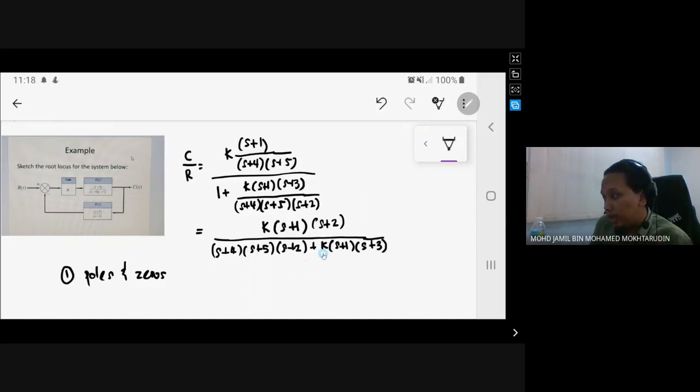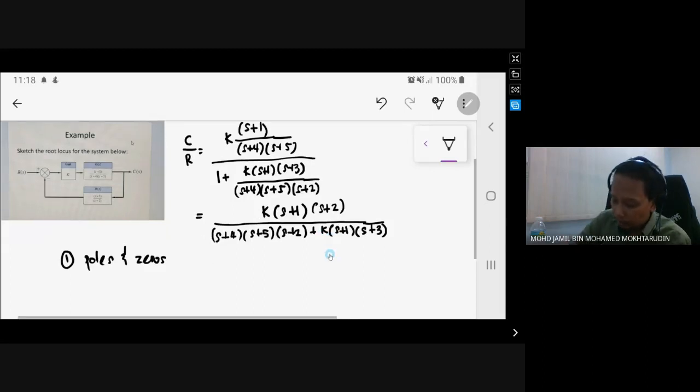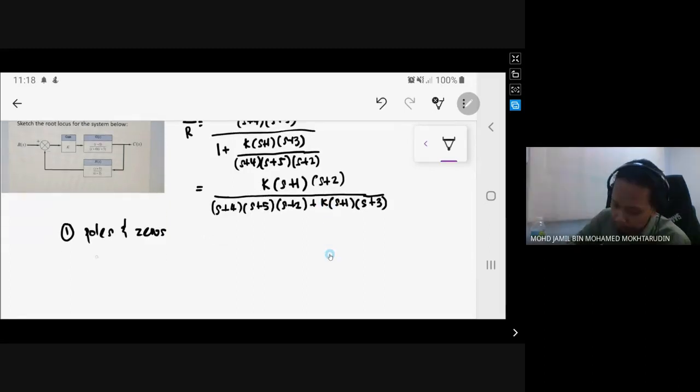You need to determine poles by substituting K equals 0 and K equals infinity. So the poles at K equals 0 are -2, -4 and -5.